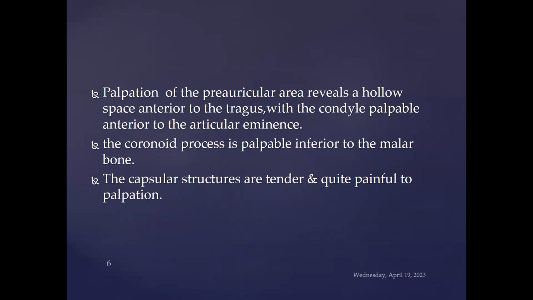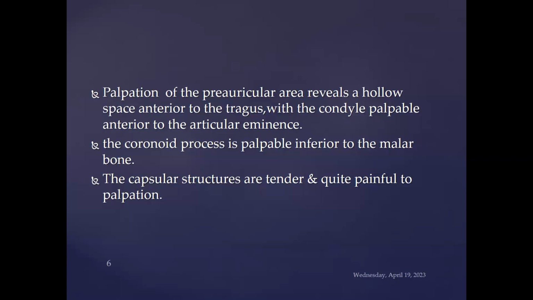But in dislocation, you won't be able to appreciate that movement. The condylar position will be anterior to the eminence, so definitely there will be a hollow space in the preauricular region.